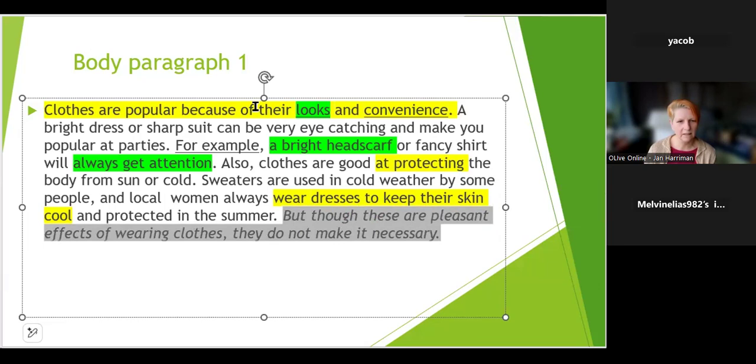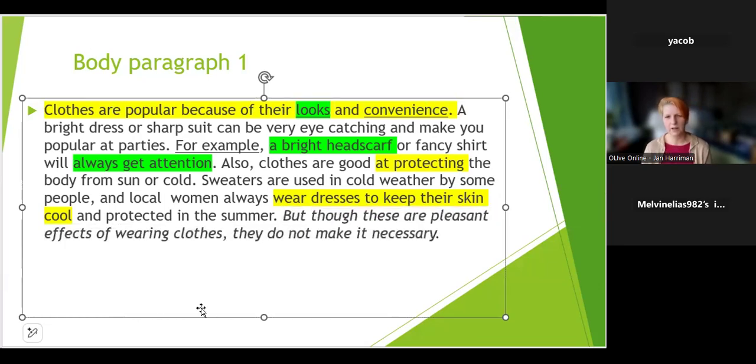Is it supporting the ideas of this paragraph? What is it doing? Or is it referring? The important thing about this is it is a link to the opinion.